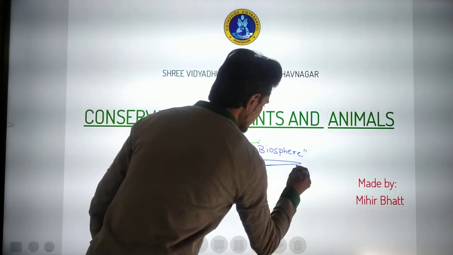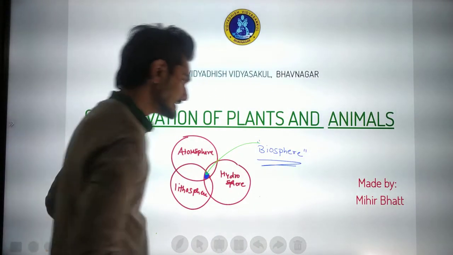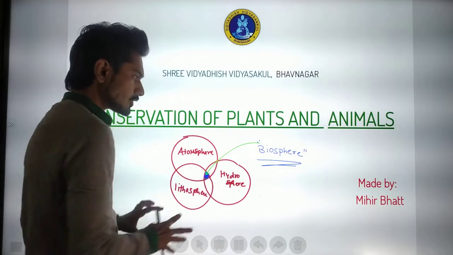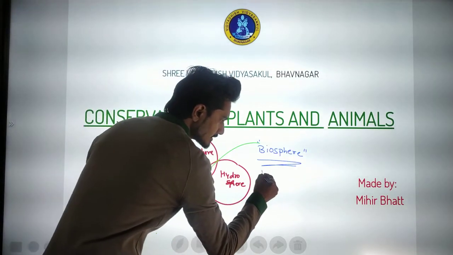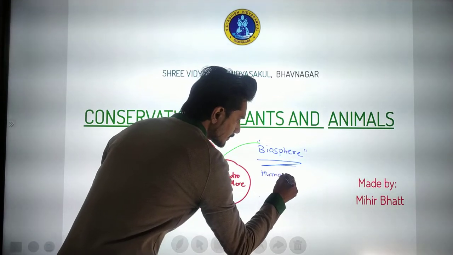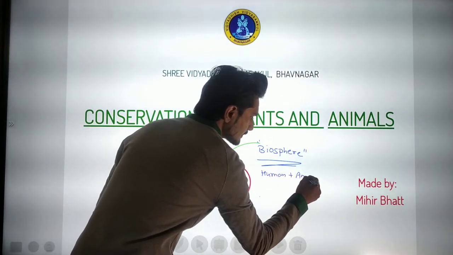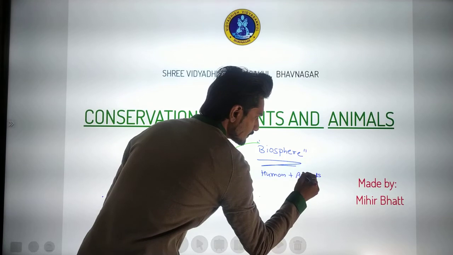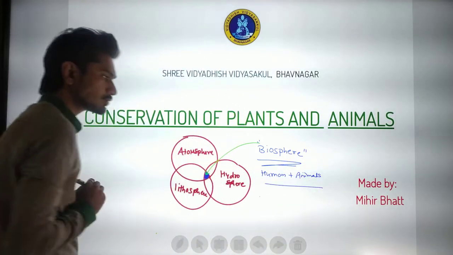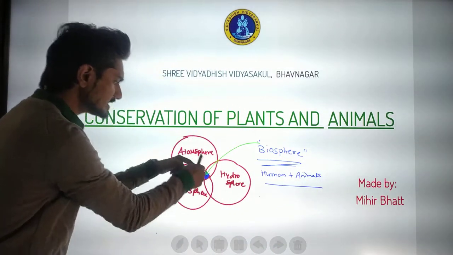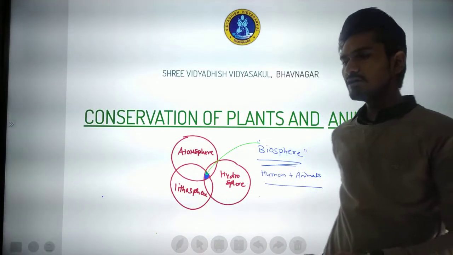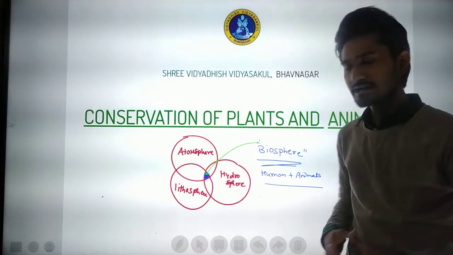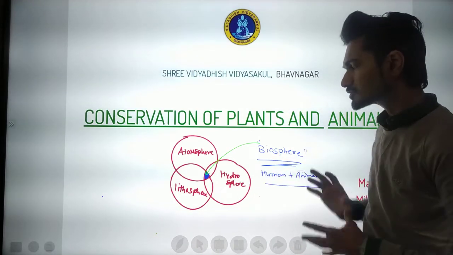So in this biosphere we are learning about this mixture of three things, and also humans plus animals. When these get mixed up, the resulting thing is called the biosphere.